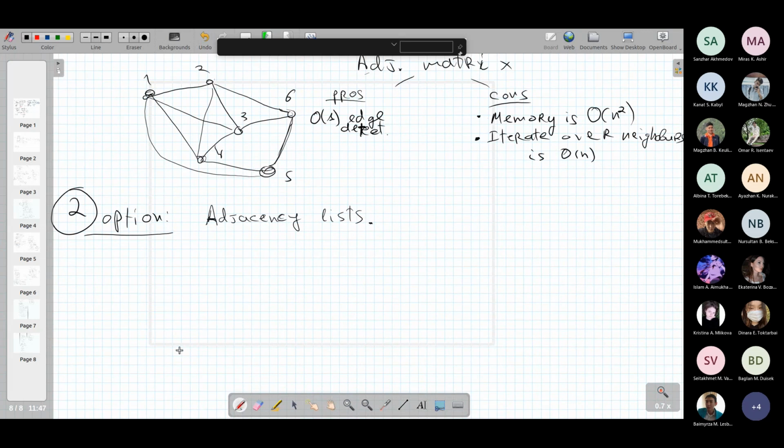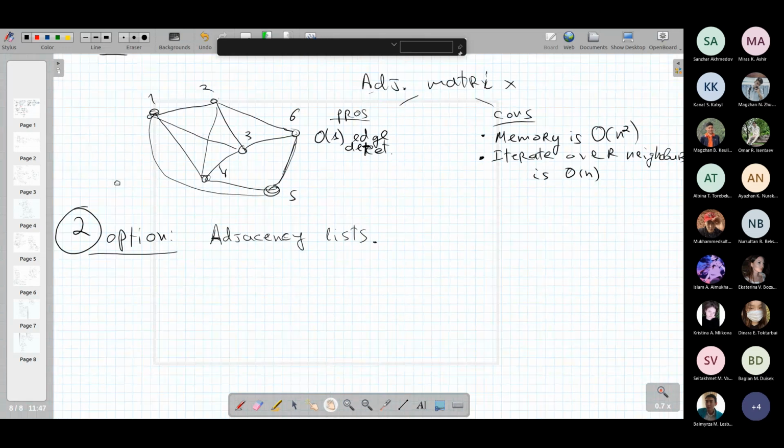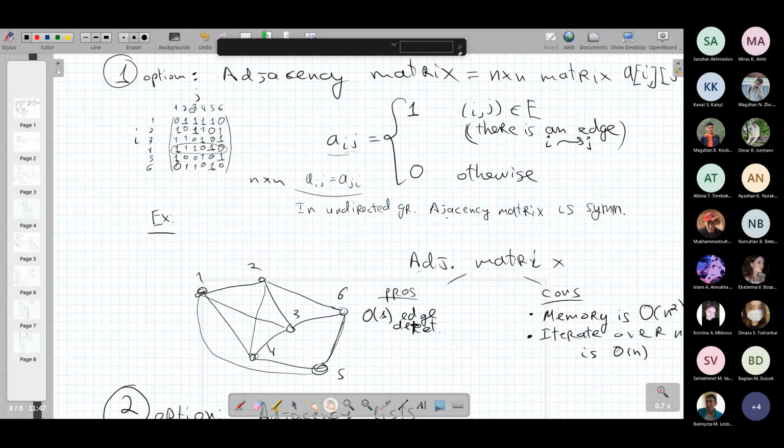Okay, so in the other way around, we can store not all the pairs, like all the pairs ij, i from 1 to n, j from 1 to n.